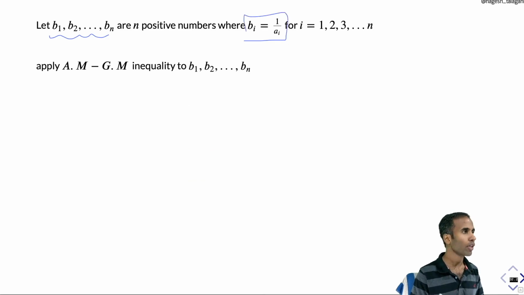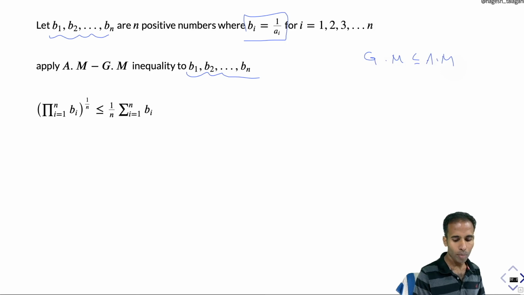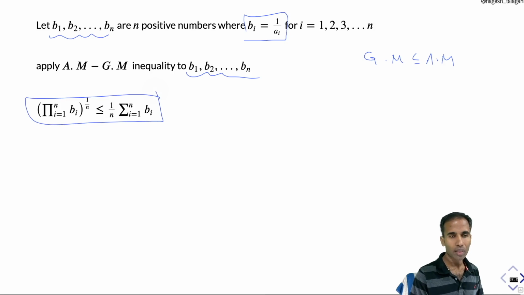So what is the AM-GM inequality we got? GM less than or equal to AM, right? So we should have the product i equal to 1 to n of Bi, all to the power of 1 by n, less than or equal to 1 by n summation i equal to 1 to n Bi. This is GM less than or equal to AM.